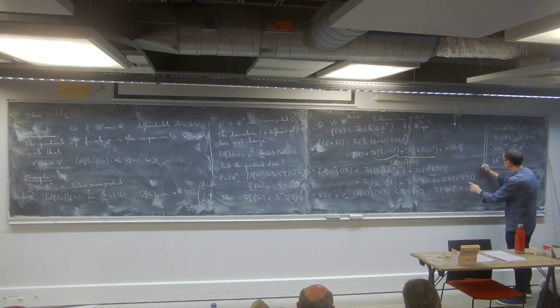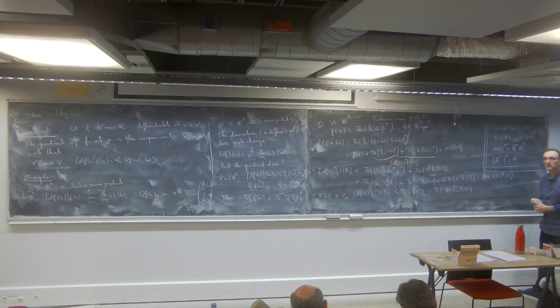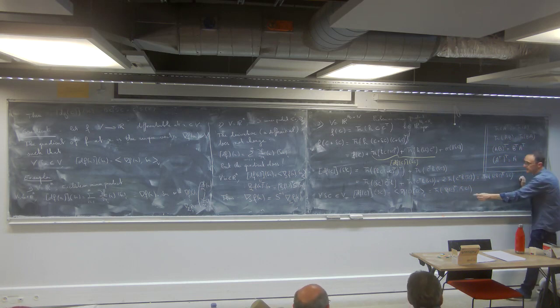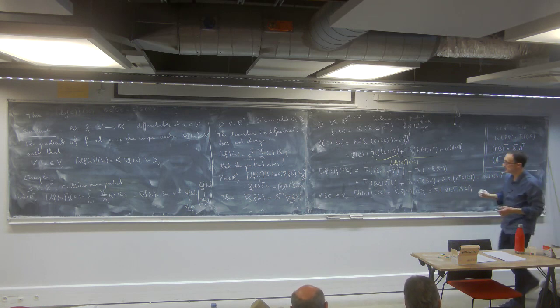Okay? You can see that this is also twice, or let's say, the trace of 2HC transpose delta C. And therefore, I identify this, and I find that the gradient of f at C is just 2HC. Okay?